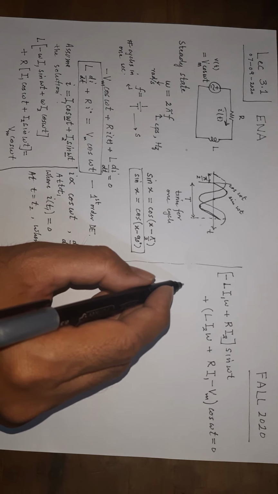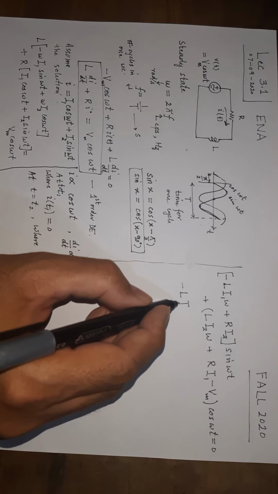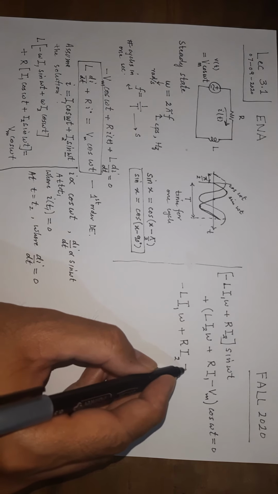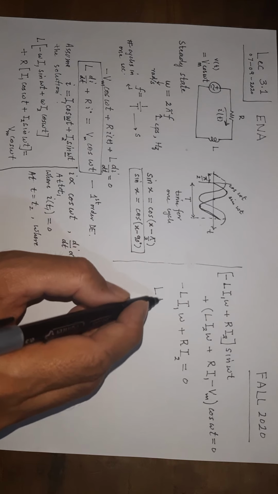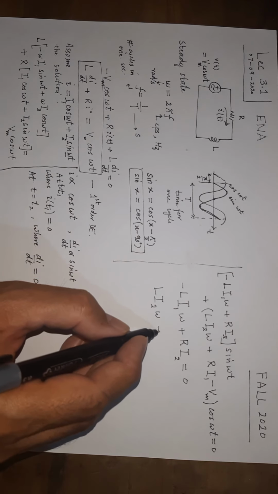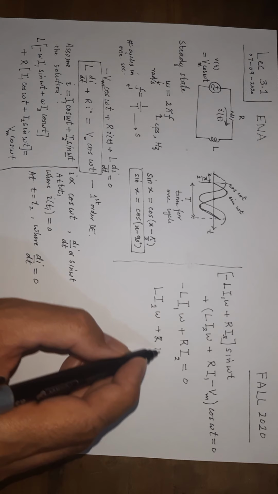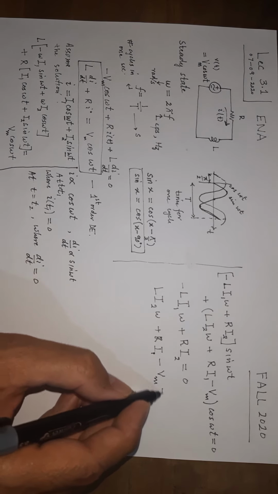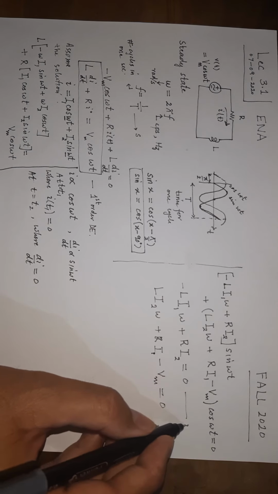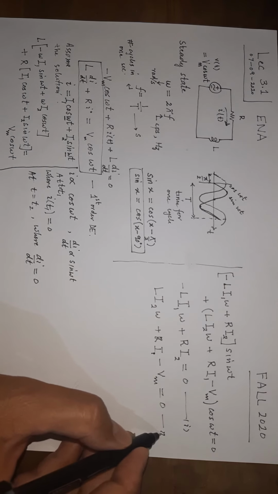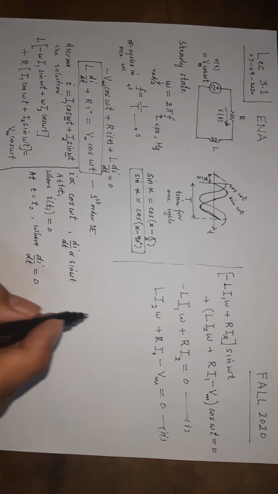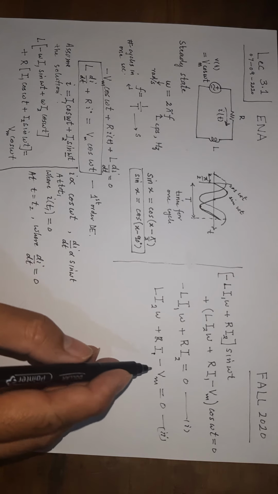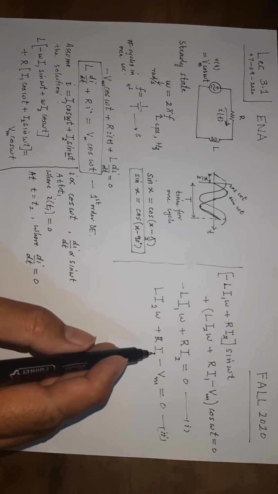So we come up with two equations, minus L I1 omega plus R I2 equal to 0, and L I2 omega plus R I1 minus Vm equal to 0. Now these are two equations. And by solving these two equations, we can find the two unknowns.